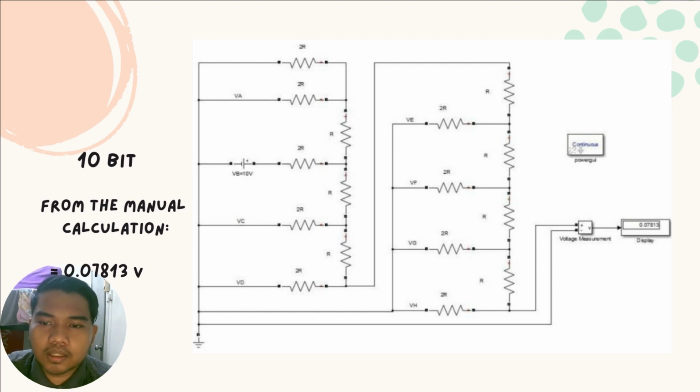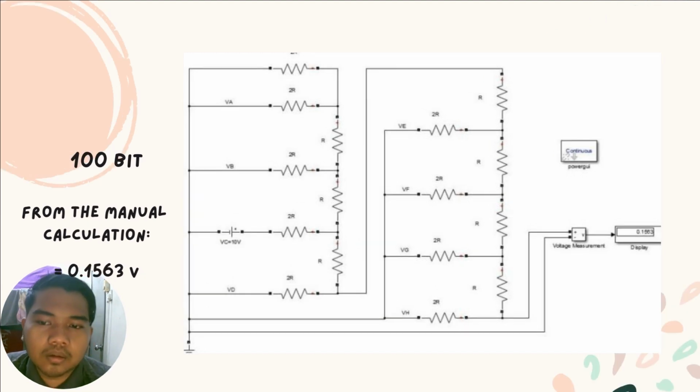Then for the 10 bit circuit, we get the values from the MATLAB, and the manual calculation is the same, which is 0.07813.